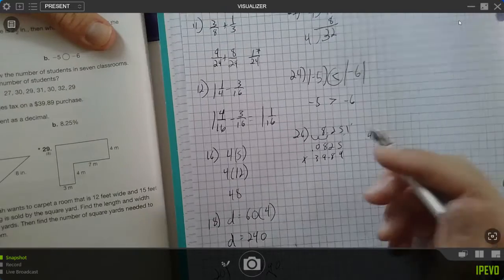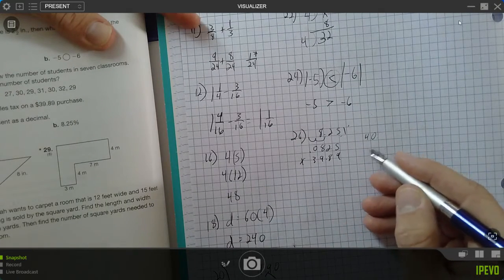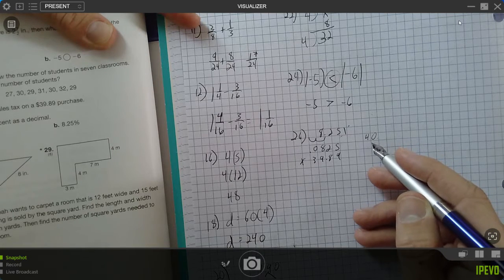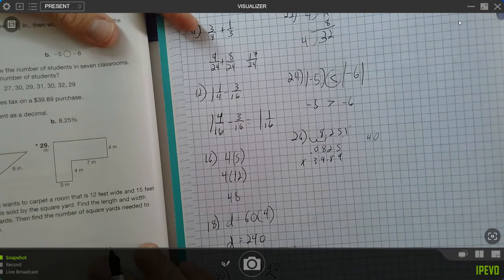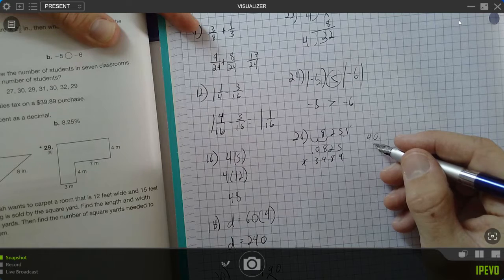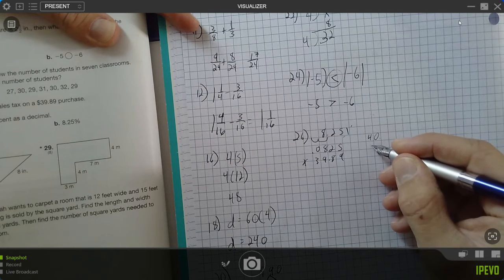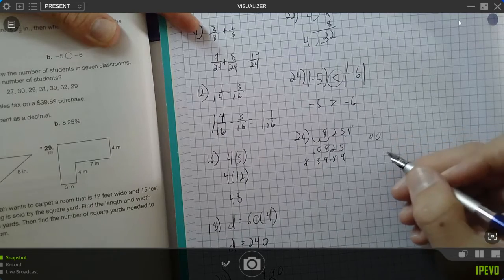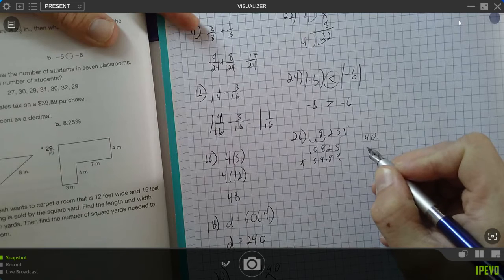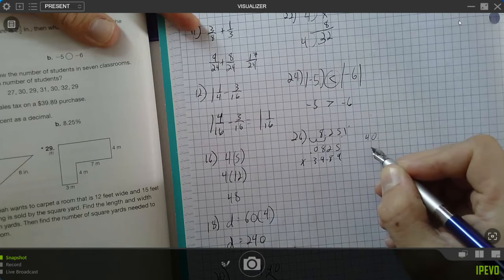I guess I could round up to 10 and find 1/4 of that. Let's see. I guess I'm just going to estimate. They don't want me to just do the actual math. They want me to estimate all the way to 10%.